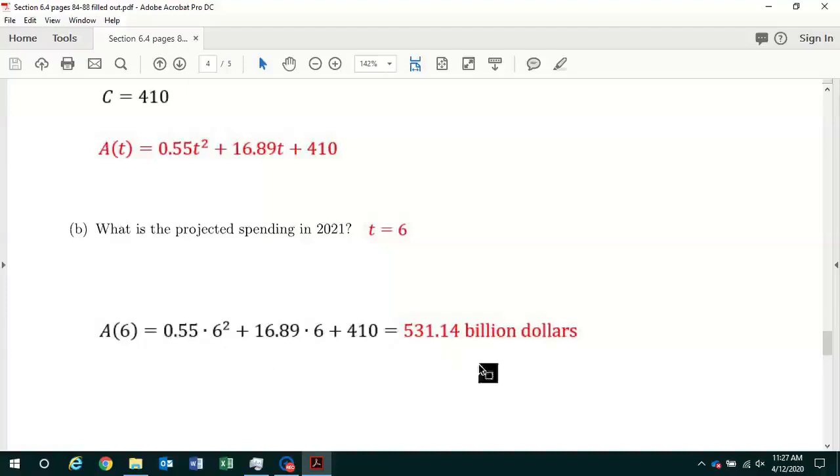And when you do that arithmetic, you get A of 6 is equal to $531.14 billion. Remember, A is in billions of dollars. And so projected spending in 2021 is $531.14 billion.